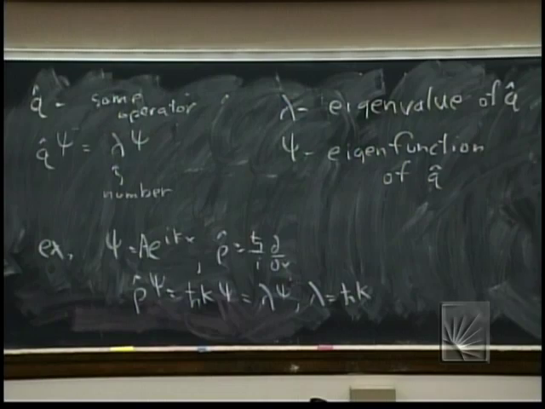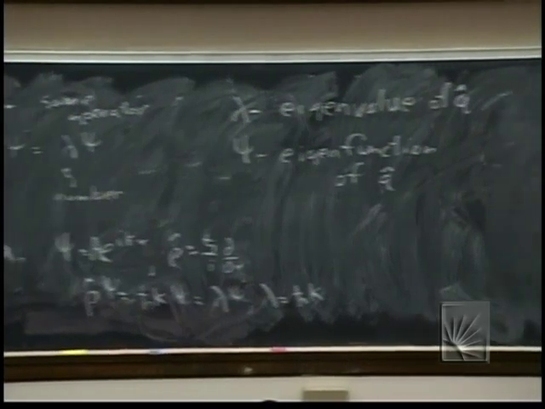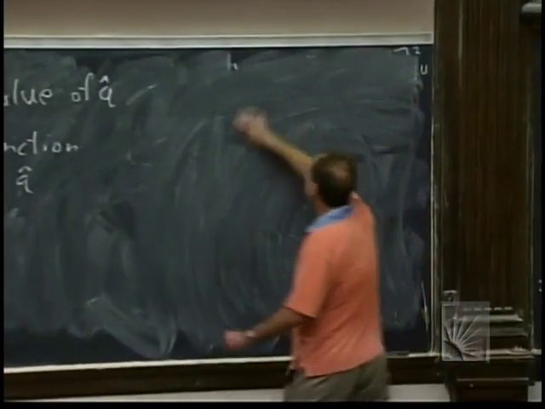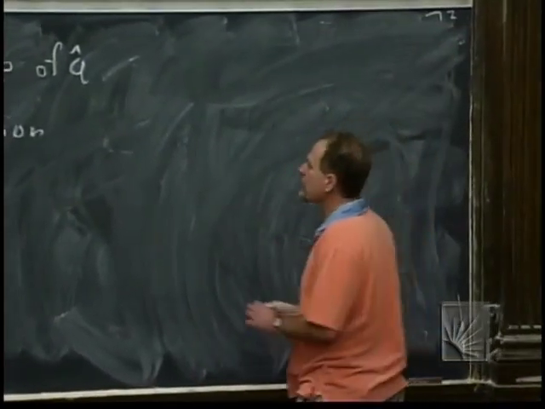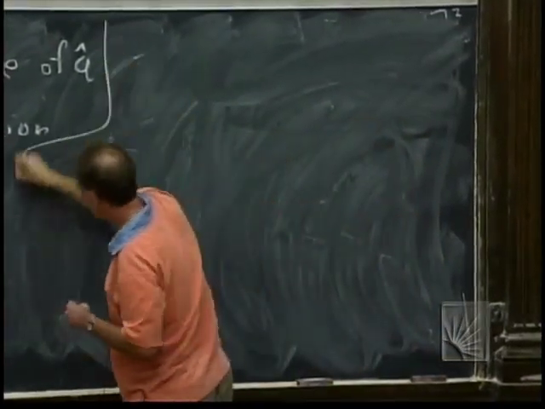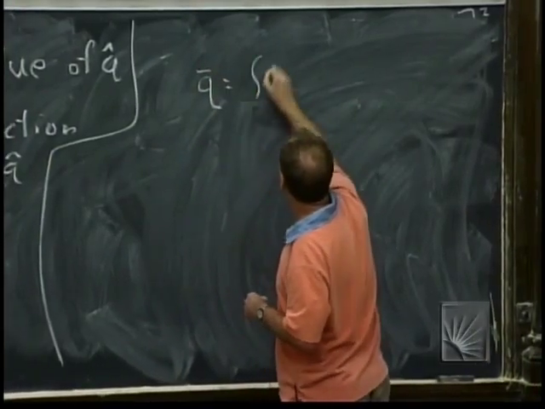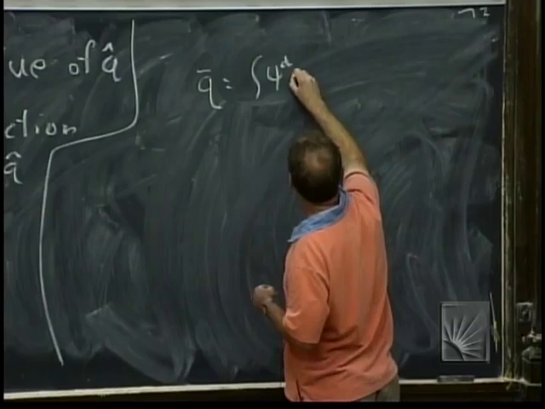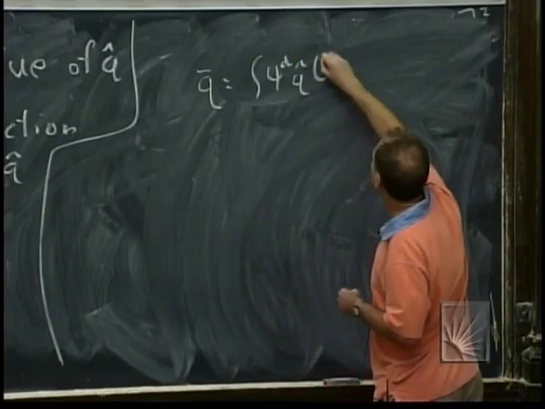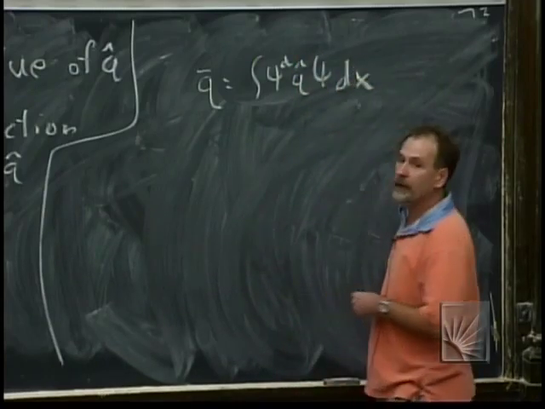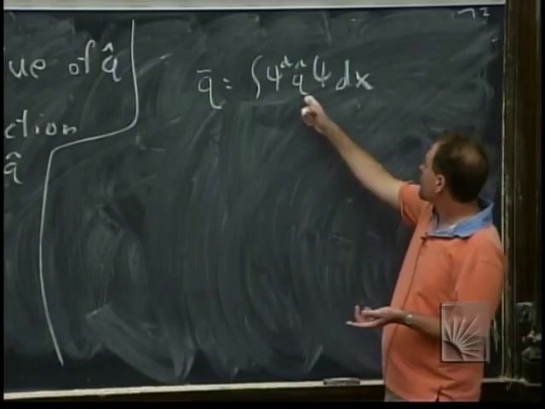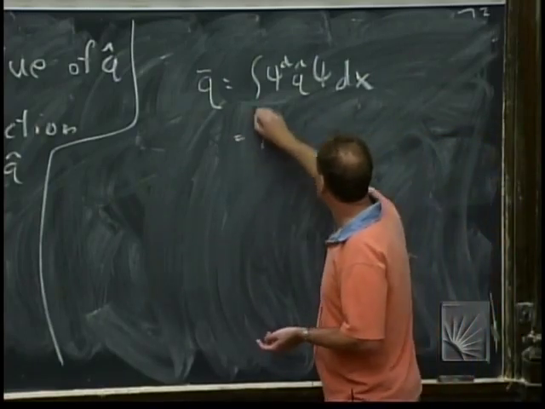If that's the case, then the expectation value for Q is the integral of psi star Q hat psi dx. And Q on psi is just going to give me lambda.